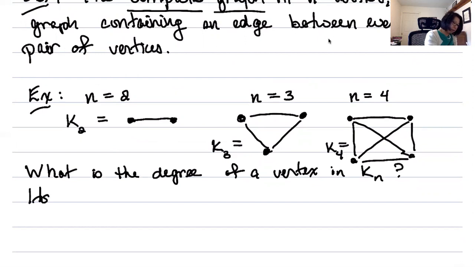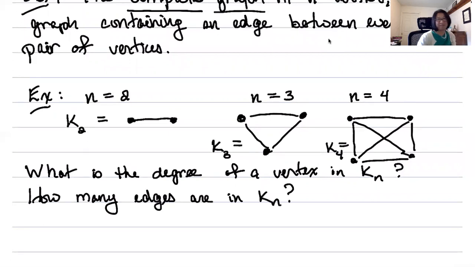Or we also might want to ask how many edges are in Kn. And counting the number of edges in Kn is a combinatorial question, and there are lots of different ways of answering it. And that's what I want to share with you today, especially.